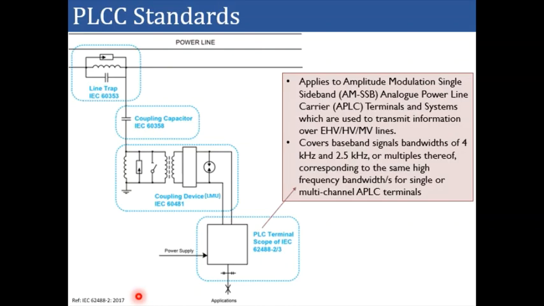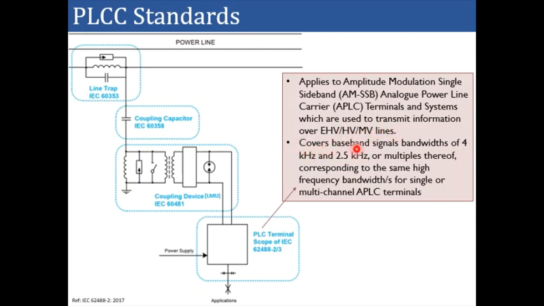This architecture you will see in IEC 62488-2 2017. The PLCC terminal is defined in IEC 62488-2/3. This standard applies to amplitude modulation single sideband, that is SSB based analog power line carrier communication terminals, and the systems used to transmit information over extra high voltage or medium voltage lines.